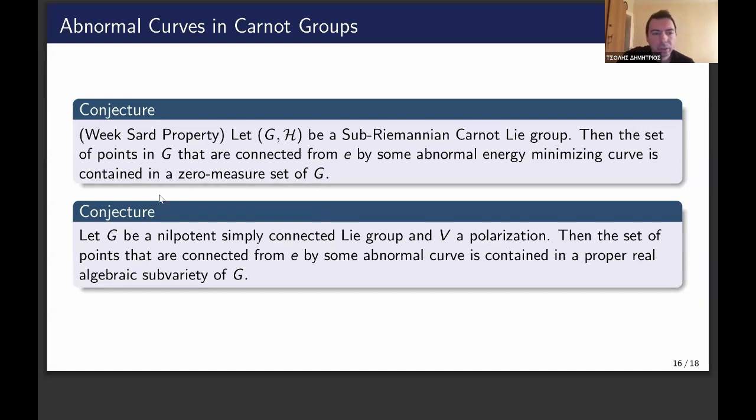And the strong, I should have said strong Sub property here, just says kind of a similar thing, but now we want it to live inside an algebraic subvariety of G. So an algebraic set.